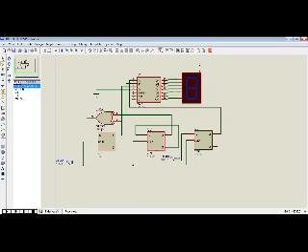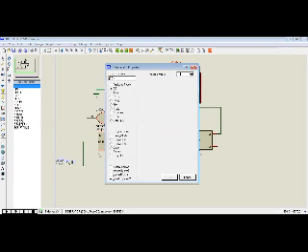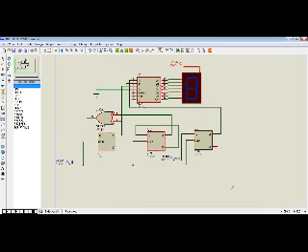Lastly, we connect this pin to 5 volts, being a common anode 7-segment display. And that's our circuit, which we can proceed to simulate.